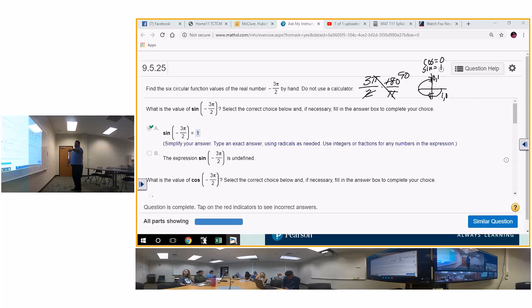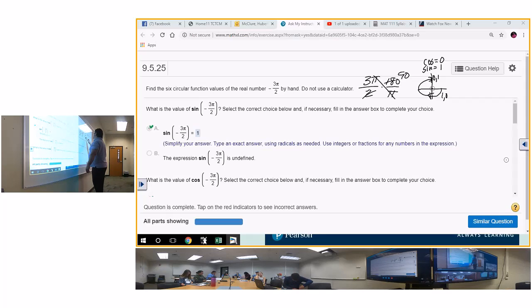We just said that the sine is equal to 1.